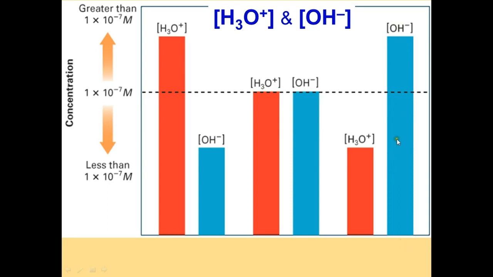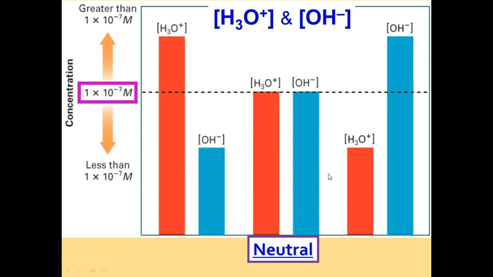Whenever we're talking about pH, there's always OH minus and H3O plus, but whichever one's greater tells whether it's basic or acidic. Acids have more H3O plus, bases have less H3O plus, and neutral things have an equal concentration of both of them. And pH, by the way, is just a measurement of H3O plus.